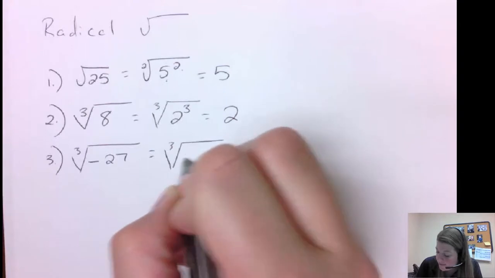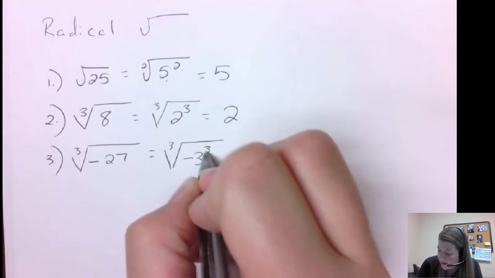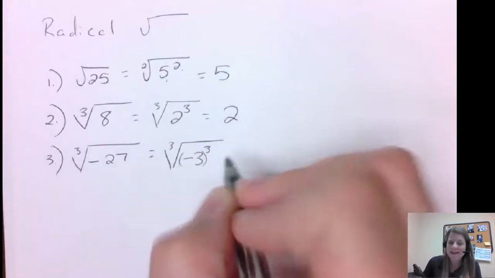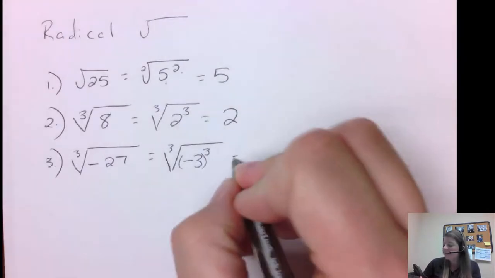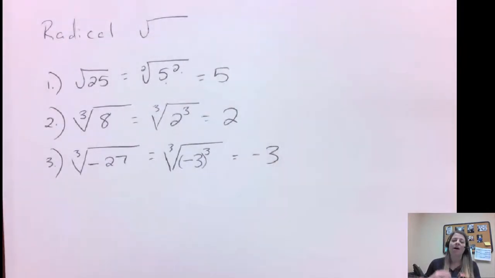If you have negative 3 to the third power, that's negative 3 times negative 3 times negative 3, which does end up being negative 27. You can't end up with that negative on a square. It just doesn't work. That's where we get into the imaginary numbers. So we end up with a negative 3 on this one.